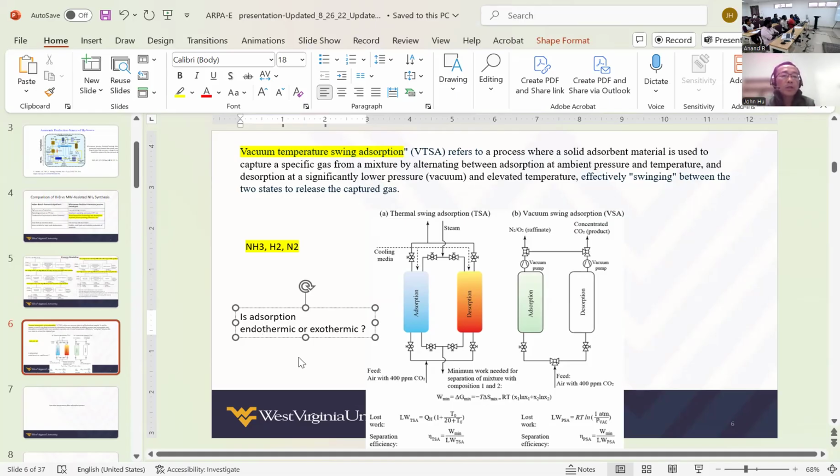Okay, so is adsorption endothermic or exothermic? All right, that's your answer. Is this your answer? All right, endothermic. Okay. Next question.